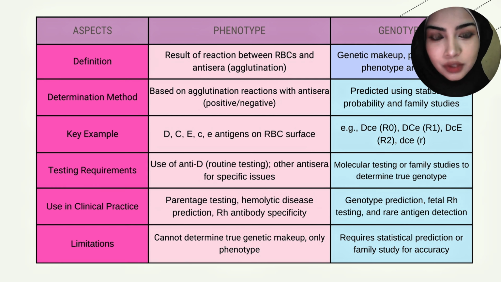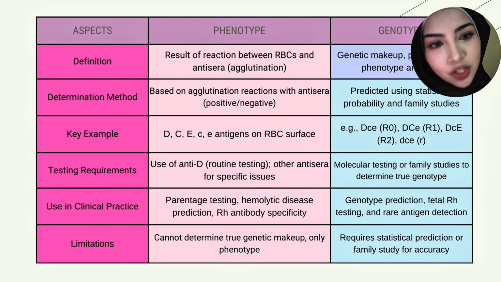As for testing requirements, phenotype uses routine testing and other antisera for specific issues. Meanwhile, genotype requires molecular testing or family studies to determine the true genotype. And what is the use of phenotype in clinical practice? It is for parental testing, hemolytic disease prediction, and Rhesus antibody specificity.